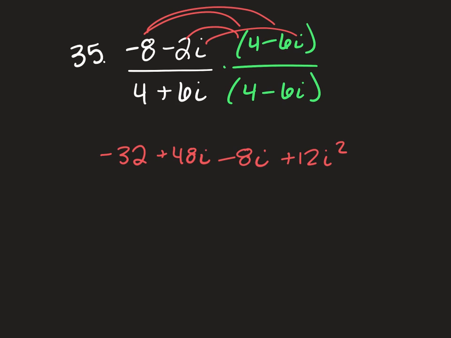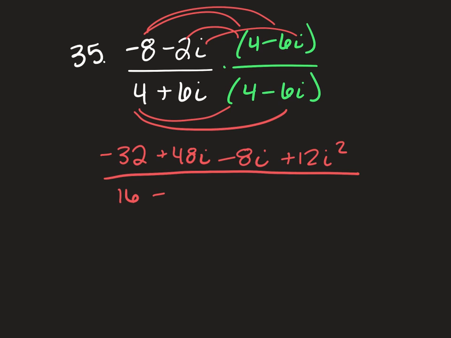And then on the bottom, 4 times 4 is 16. 4 times negative 6 is negative 24i. Then plus 24i from doing this. And then 6 times negative 6 is minus 36i squared. So then the i squareds become negative 1s.